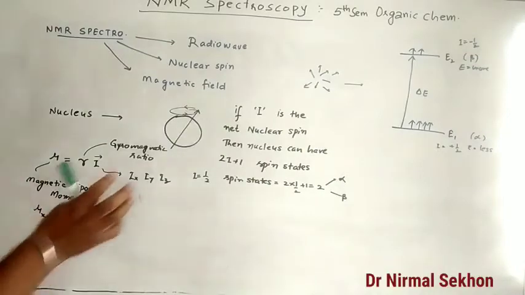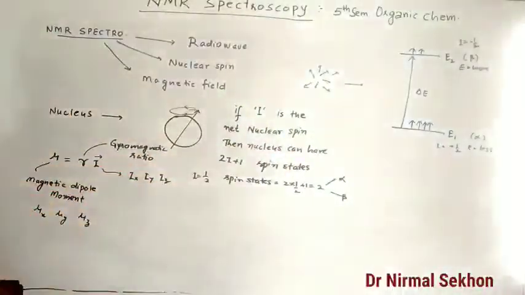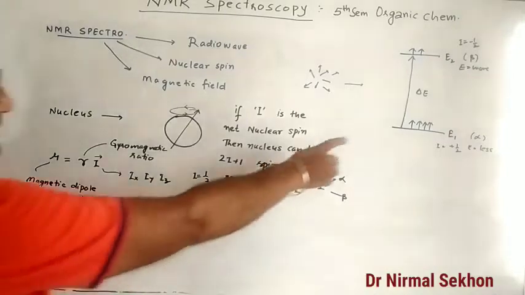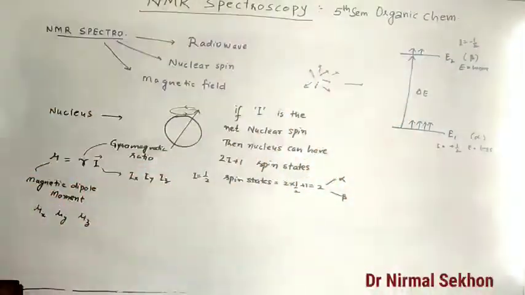These are magnetic moments, tiny bar magnets, in the absence of an external magnetic field, and when we apply a magnetic field, why do they align in only 2 ways, not 3 ways or 4 ways? Alpha and beta, I explained in the last lecture. Alpha has lower energy, its spin is plus half, and beta spin is minus half.